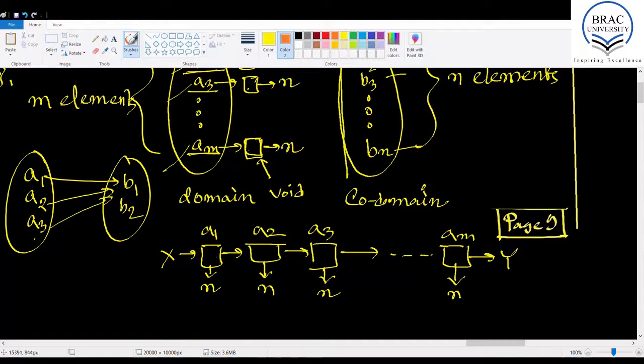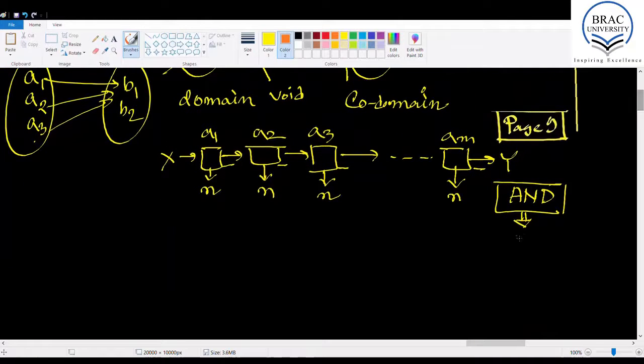So since all of these tasks are mandatory, the relation refers to an AND type relation. And as we know, AND always refers to multiplication, right? Multiplication.